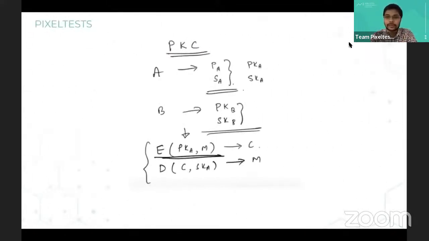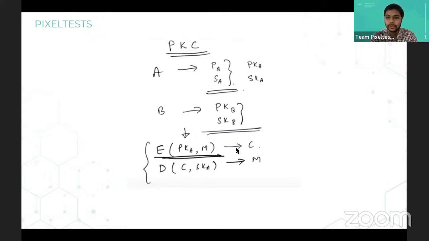So now what Professor Pandurangan sir has done here is he mentions, if A is trying to send a message to B, the public key is also noted. The notation could be PKA for the public key and SKA for the secret key, and similarly with B. Now there is encryption happening, which takes two parameters: one is the message that we are trying to send, along with the public key.